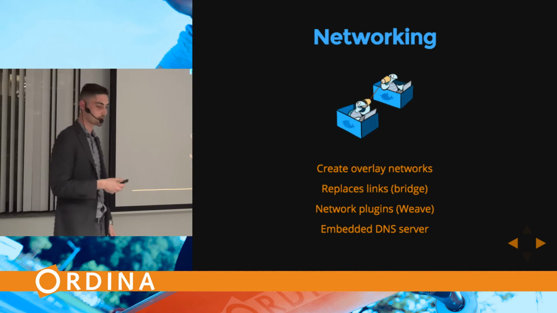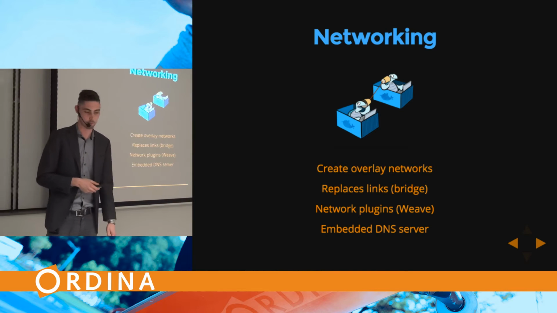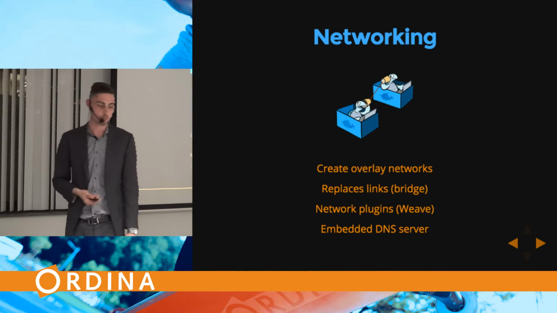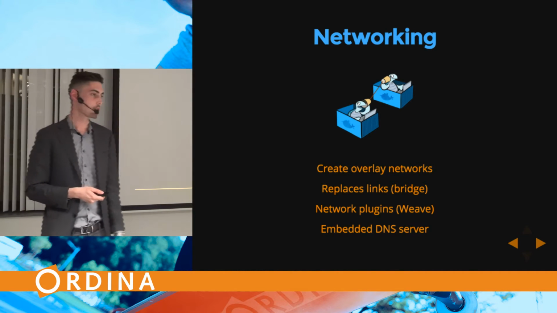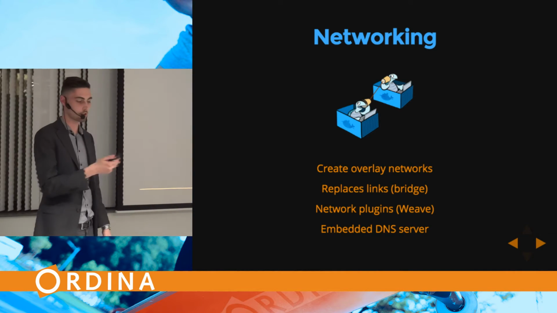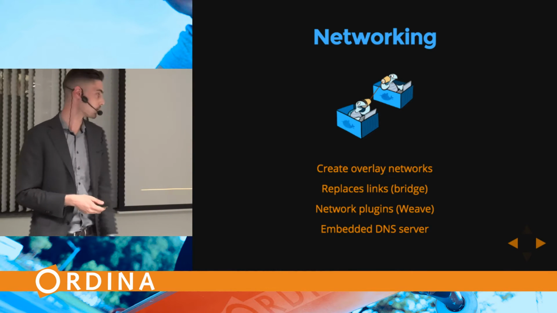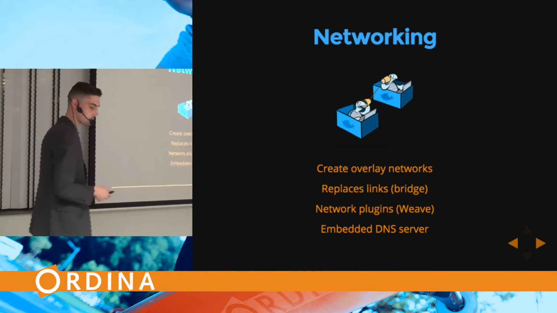So every Docker daemon has a DNS server embedded. You can also use network plugins. So if you want to use all different kinds of networks, like a Weave network or a virtual private network, you can also do that.